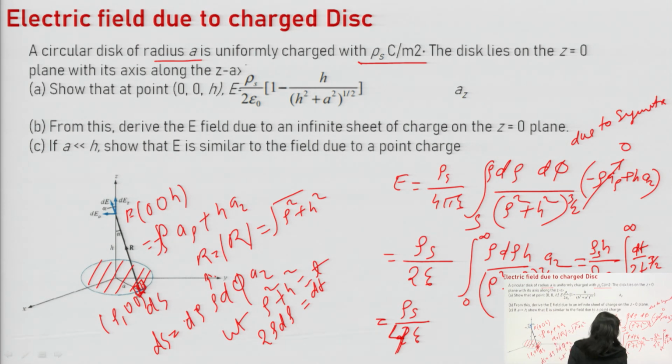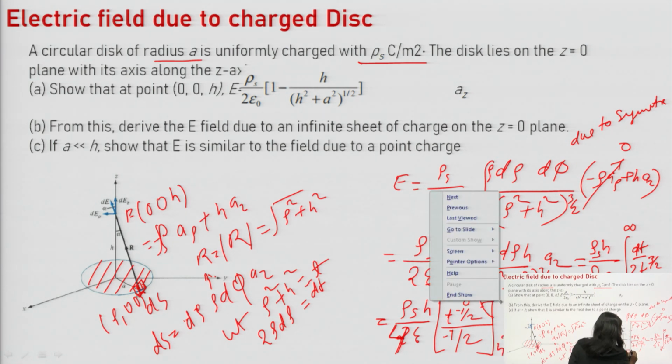Further, the integration of t to the power minus 3 by 2 will give t to the power minus 1 by 2 and division by minus 1 by 2 also. Now we can write it with the limit from h square to infinity.